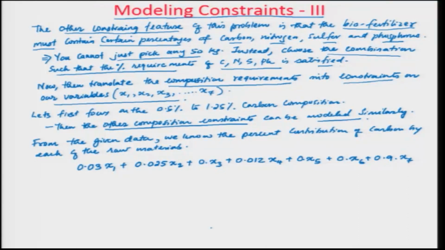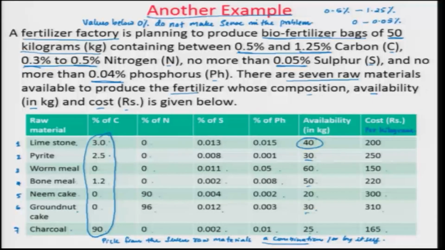Okay, I can write it this way. So where do I get these? This comes from the table. The 3% is equal to 0.03. This is 0.025. This is 0, 0.012, 0, and 90% is 0.9. Right?